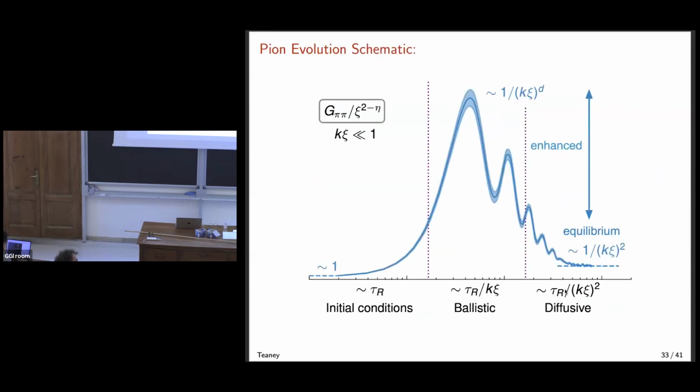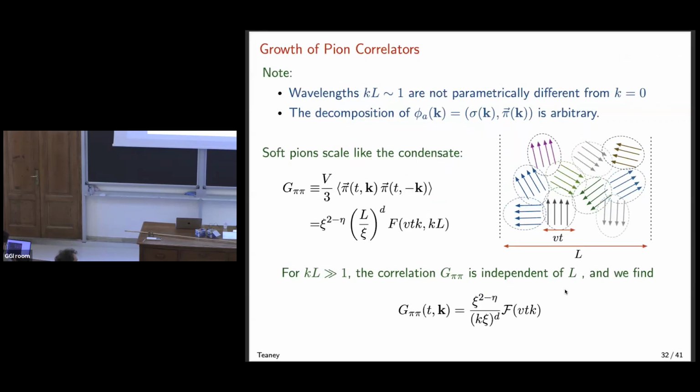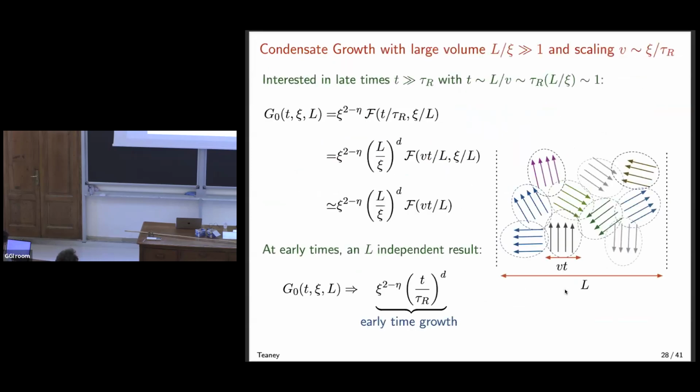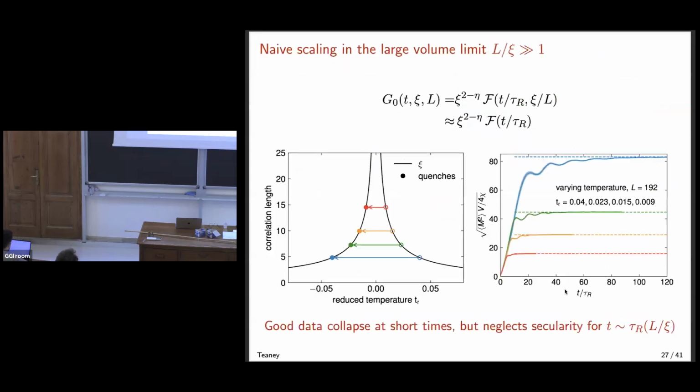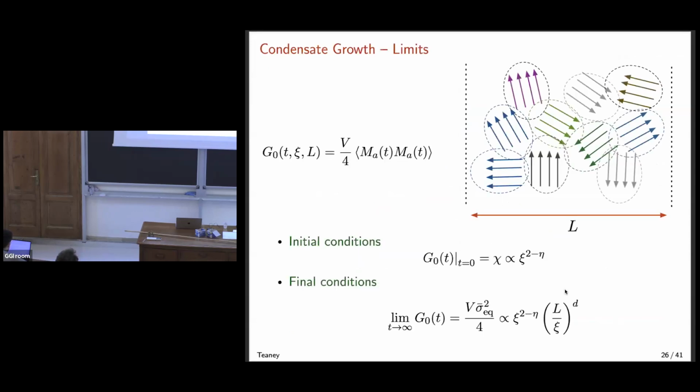It's a subtle argument, and it's not an easy thing, I agree. The condensate has to grow from something of order chi to something of order v.